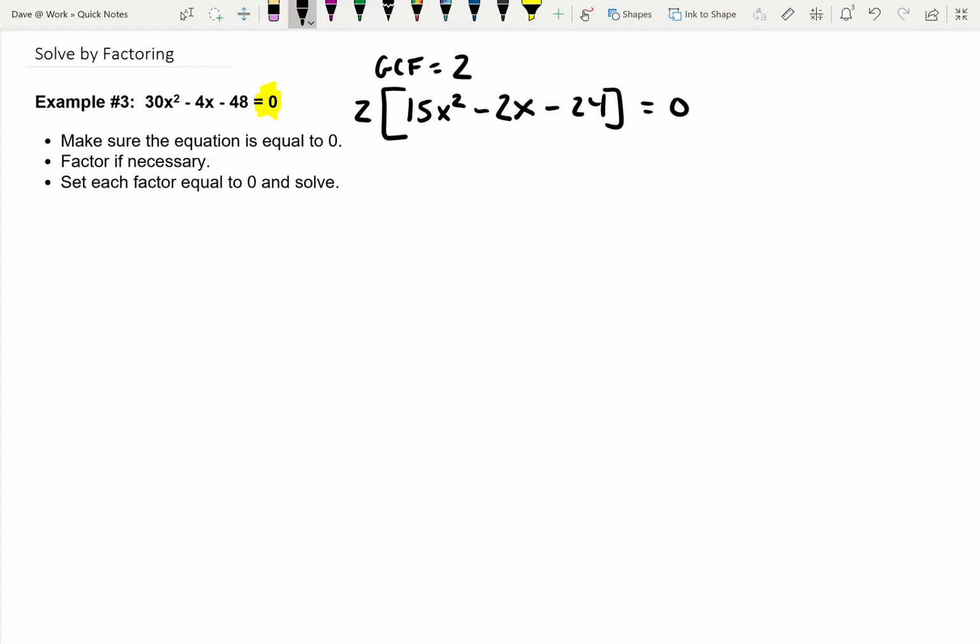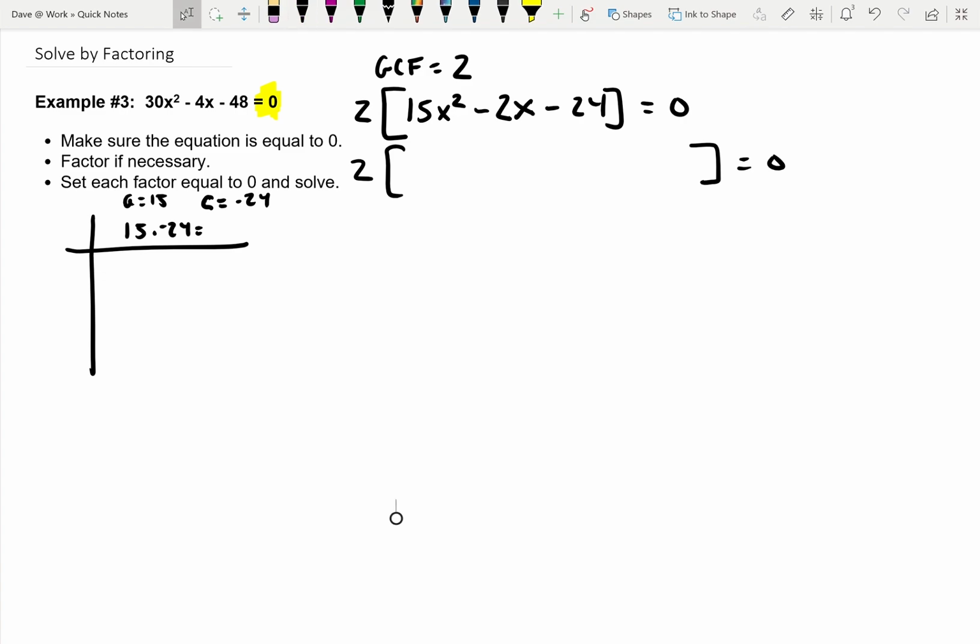And again, the whole idea is this is an equation, so it has to equal something, which in this case is 0. I'm going to keep writing down the 0, but I'm really going to put all my focus on figuring out what two numbers. And since A happens to be 15, and C happens to equal negative 24, I know that if I take 15 times negative 24, I come up with negative 360.